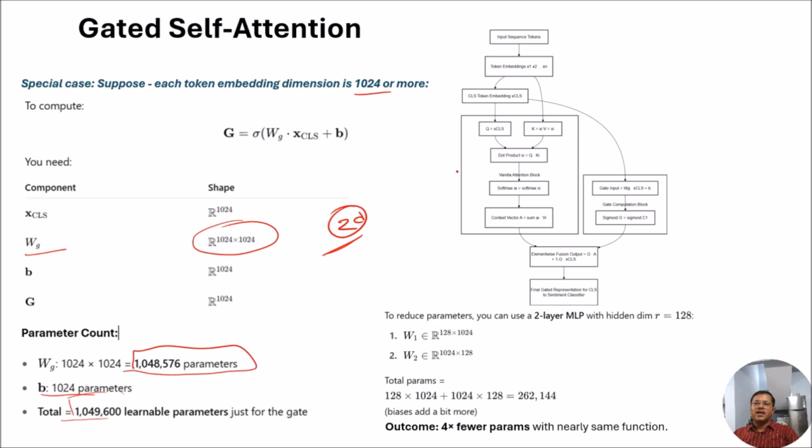So in that case, what happens? We generally take two-layer perceptrons. This is one layer perceptron, and again we apply another perceptron as a hidden layer.